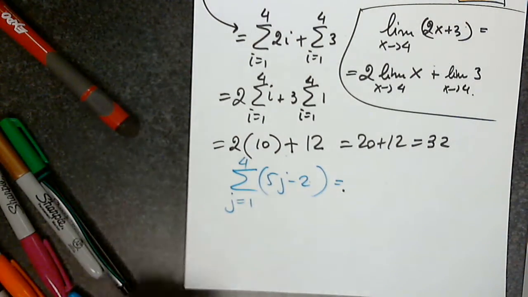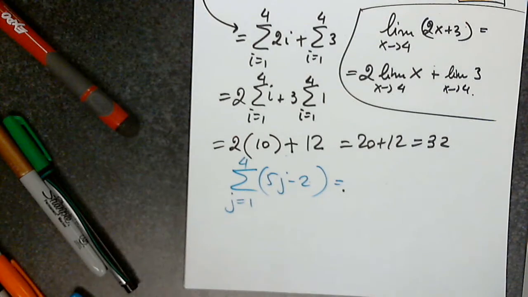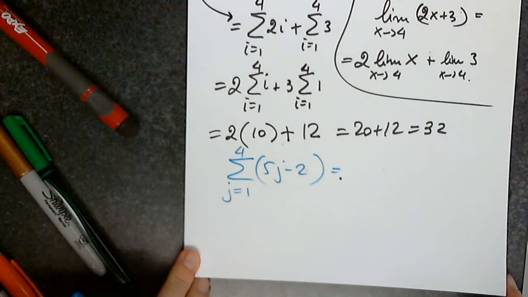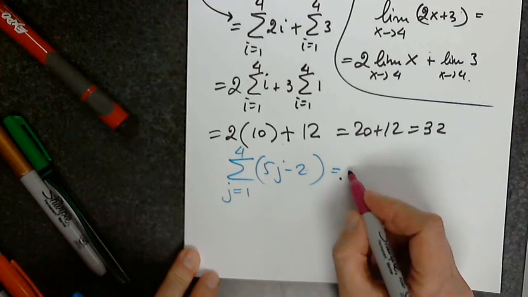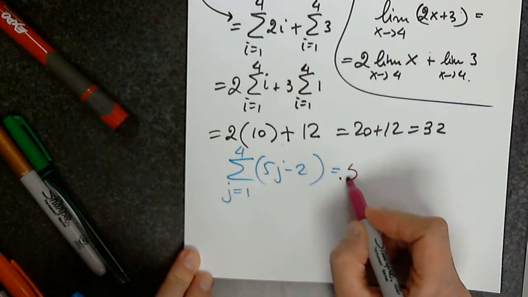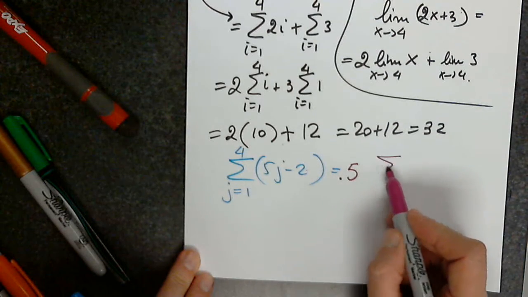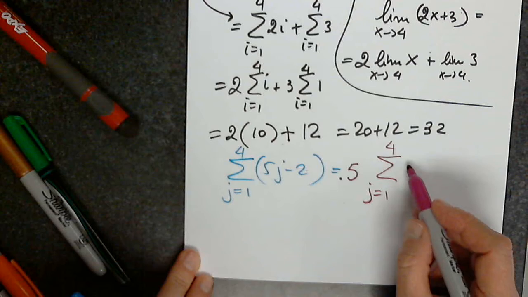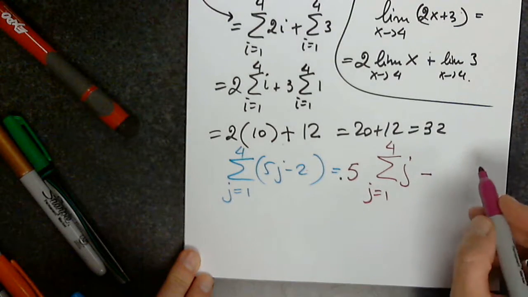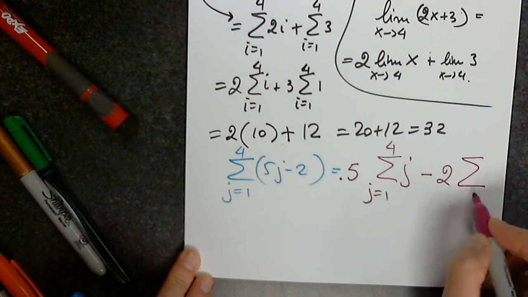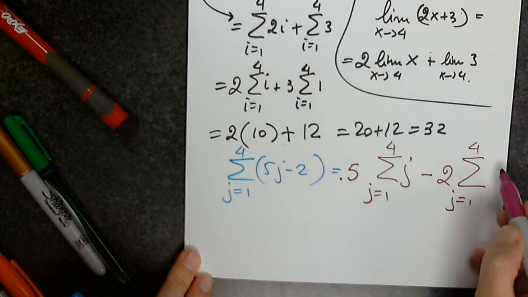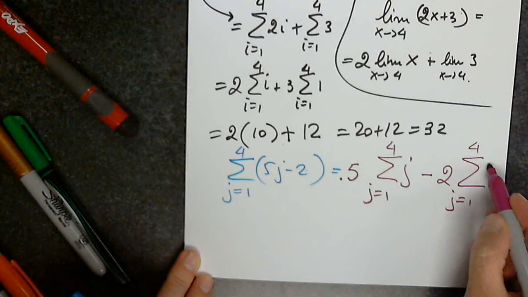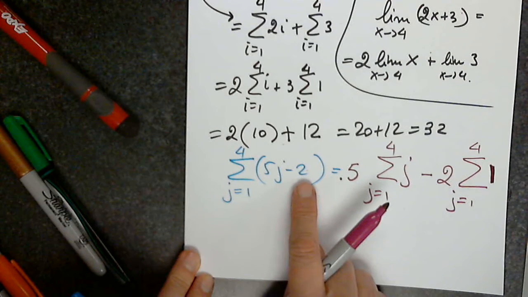Can anyone dictate the first step? Now I would like you to use the theorems and dictate what you would write. Yes? 5, the sum of j going from 1 through 4 of j, minus 2, the sum from j equals 1 through 4 of 1. It's 2.